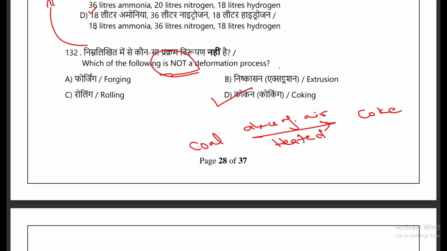So it is not related to deformation processes, but the other three options are examples of deformation processes. This is a metallurgical process, which is coking. Clear? So D option is your correct answer.